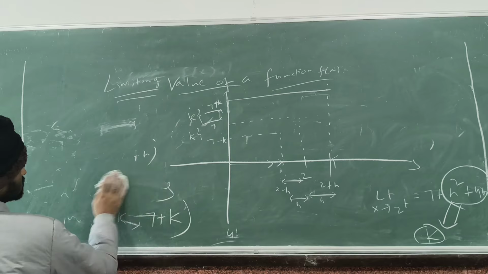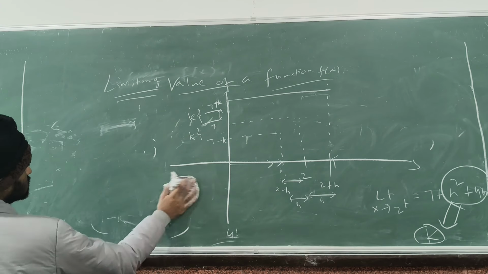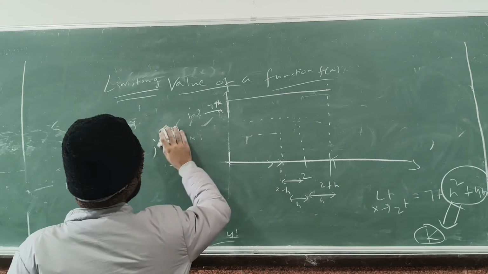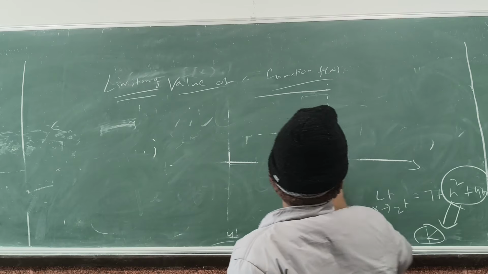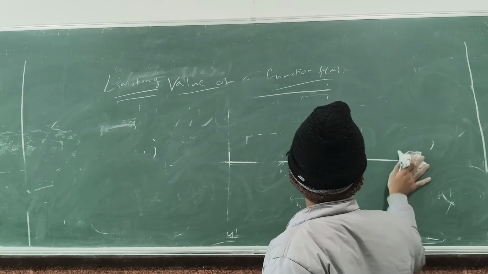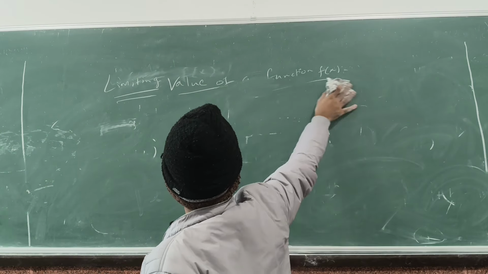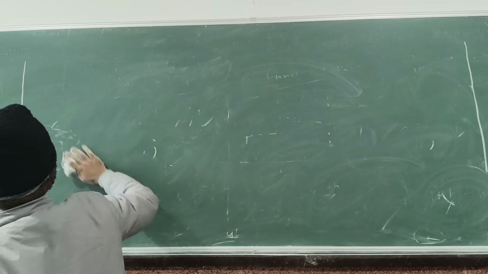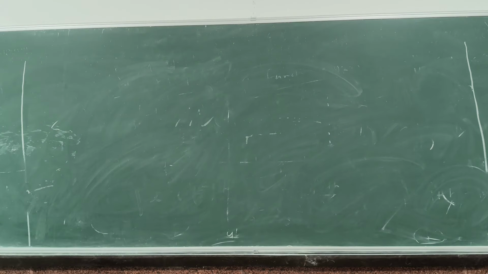Every time it is not possible to find k, but sometimes. So that is our limiting value of a function.